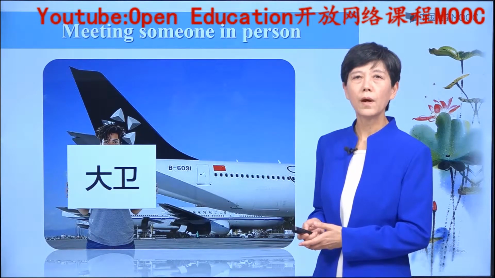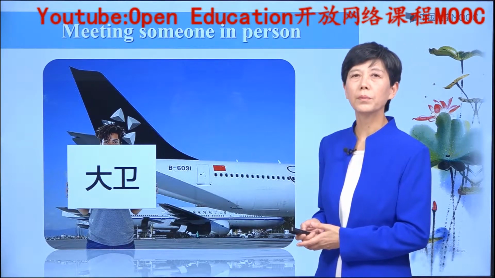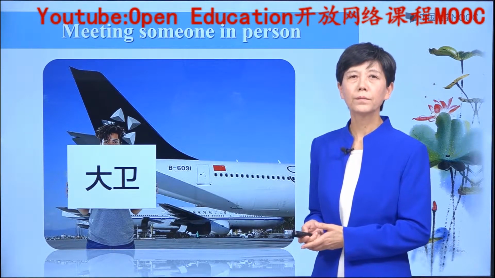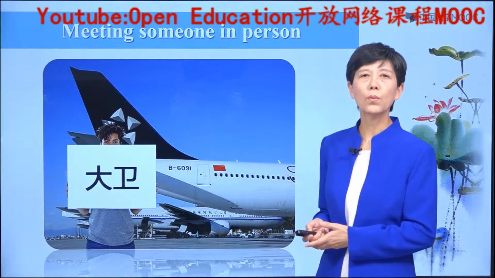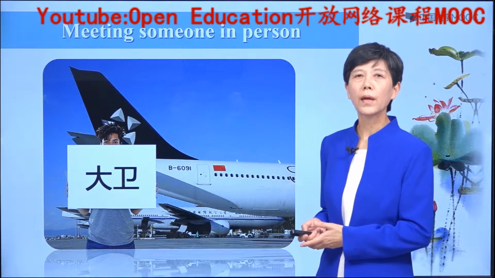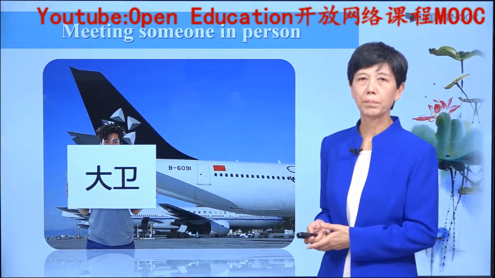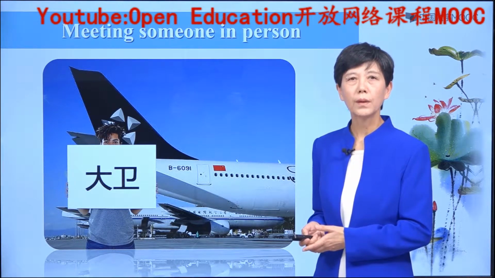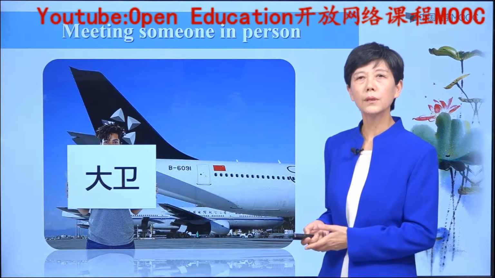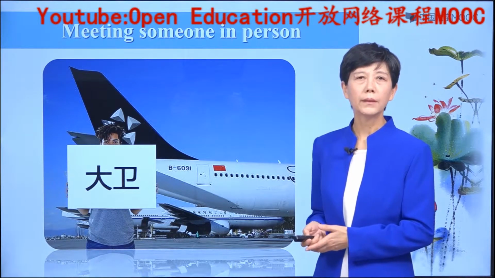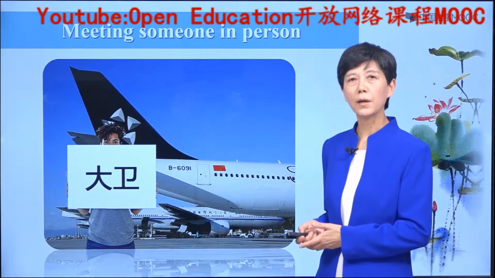Now let's move on to a different scenario. You have learned how to ask one's name when you get to know a new friend for the first time. But what if you already knew each other's name, but are meeting for the first time?